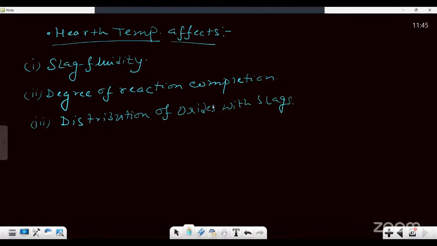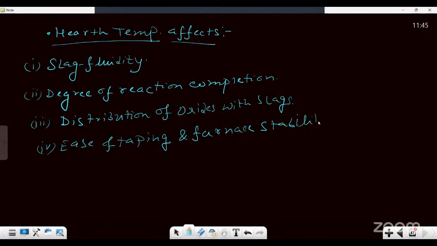And ease of tapping and furnace stability. So these all are determined by the hearth temperature, right?